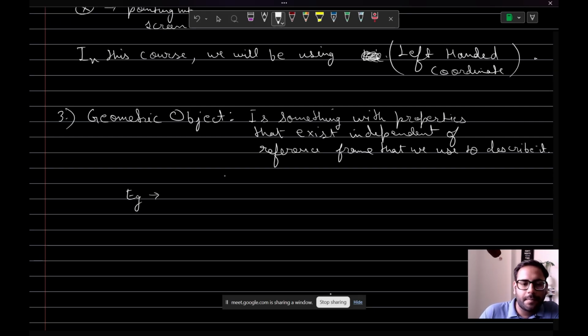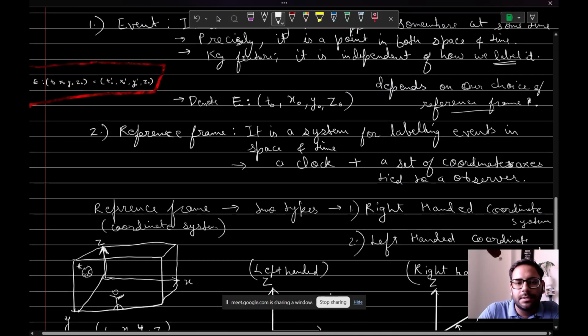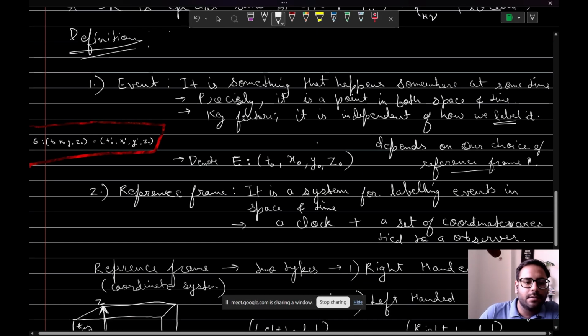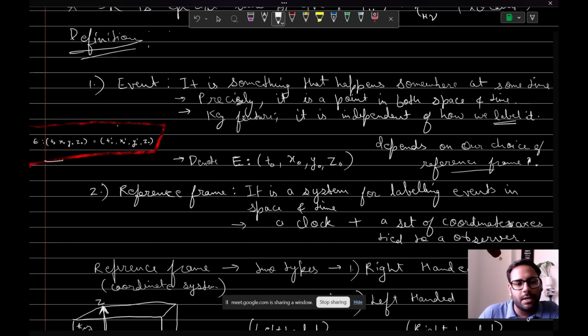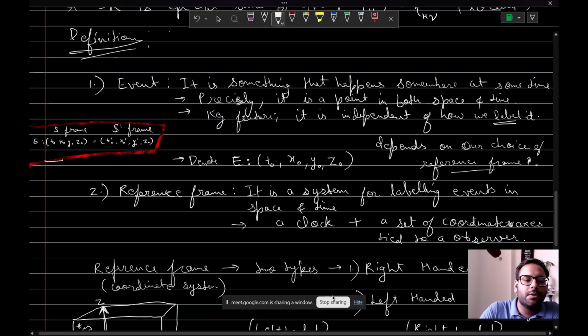For example, the event E. As we have seen, these were different representations. Here we have seen that we can describe any event with different reference frames. Suppose in the S prime frame it is described by these coordinates, and in the S frame as a reference frame it is described by these coordinates.